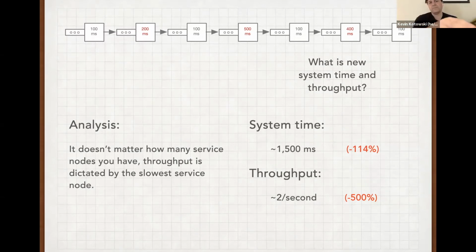So basically, if downstream service nodes are faster than upstream service nodes, they're getting starved because the upstream service nodes can't feed them customers fast enough, and that becomes your weakest link. So the slowest dependent node is going to dictate throughput.